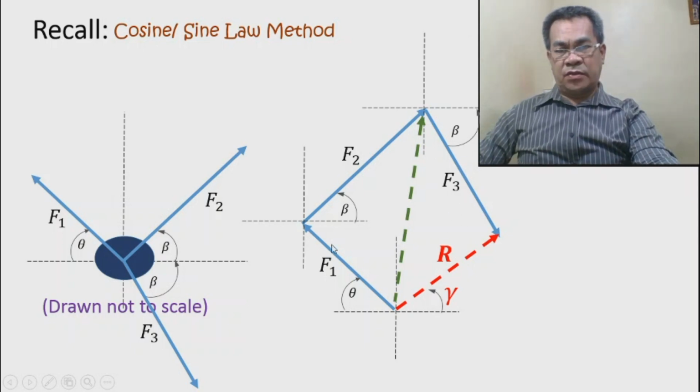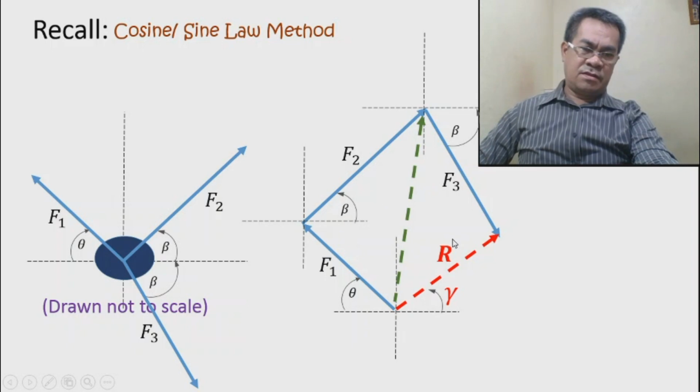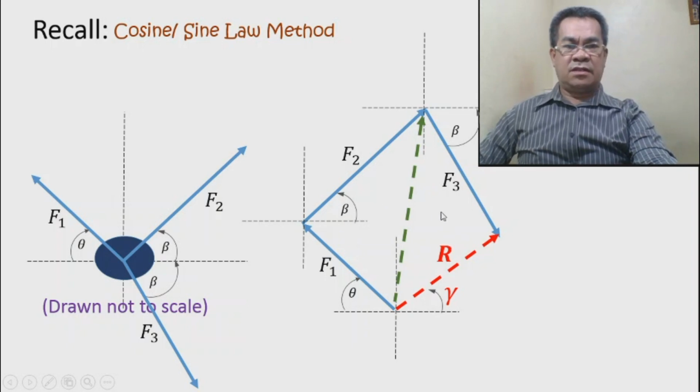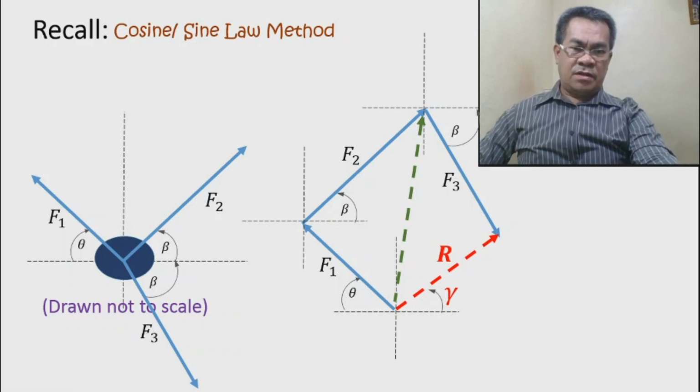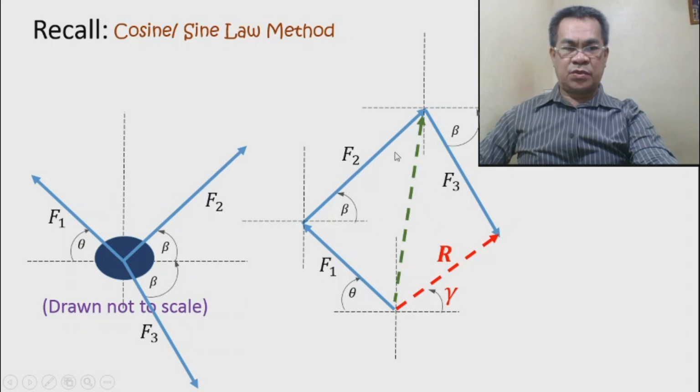In this first triangle, we have two pieces of information, two sides, and this angle. So you have to start here, then use the calculated vector sum to solve for R. I think it's okay. It's more difficult because we are working with two triangles. This is for three forces.